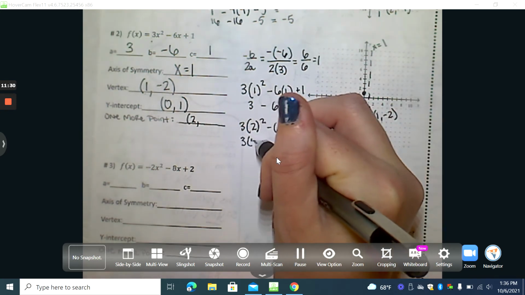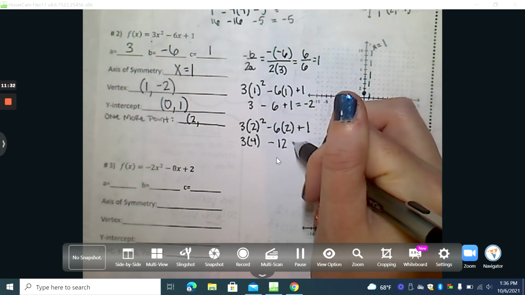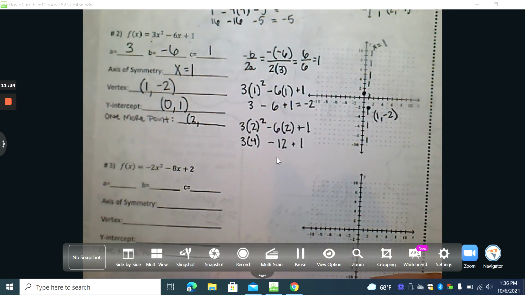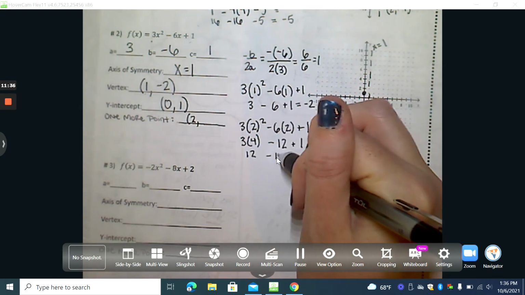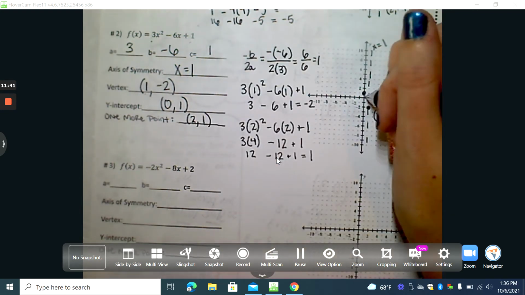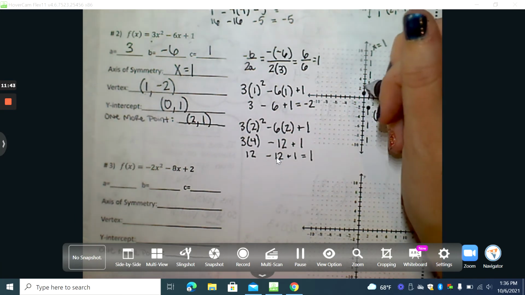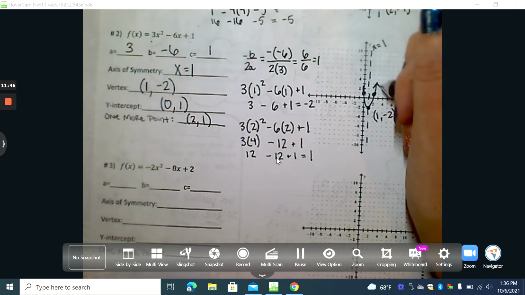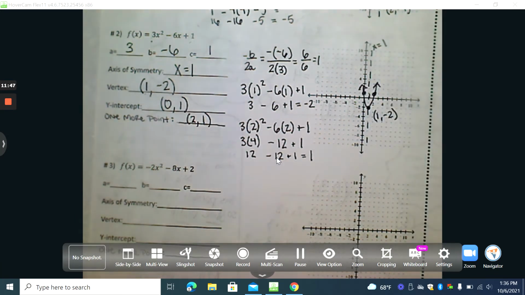So I have 3 times 4 minus 12 plus 1. In other words, 12 minus 12 plus 1, which equals 1. So (2, 1) is my other point, which makes that nice little U shape. It's small, but it's still there. Parabola.